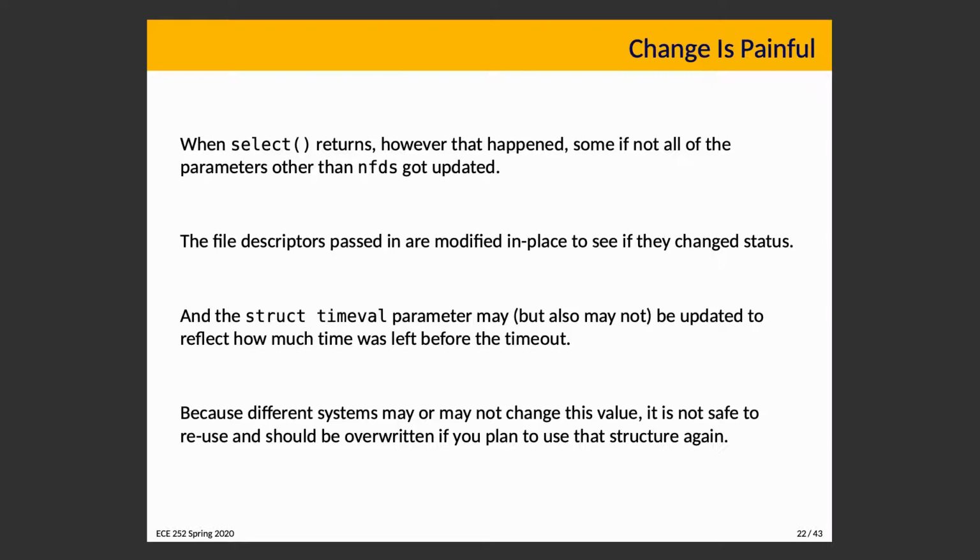So if we said we're going to wait for 5 seconds and something happened after half a second, then it will be updated to say, oh, it's at 4.5 seconds. If you got to the timeout, it will tell you that the remaining time is 0, but not always. Because different systems may or may not change the timeval, it's not safe to reuse the timeval struct after you have called select. You have to reinitialize it, overwrite it if you plan to use the timeval again.